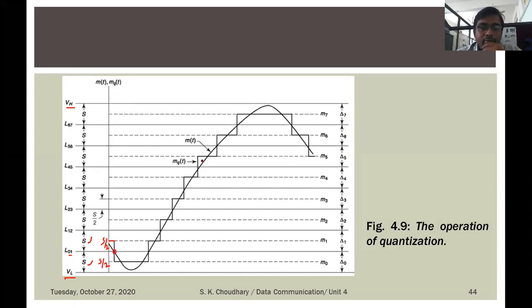In this way we have generated a pattern of the quantized signal. So this is your MT and this is your MQT. This is the approximate signal. We are doing just an approximation by doing this operation of quantization here.